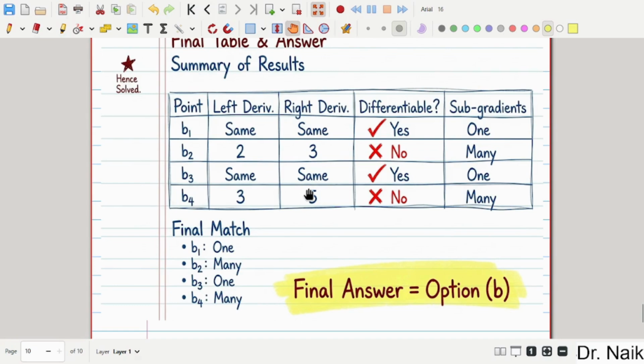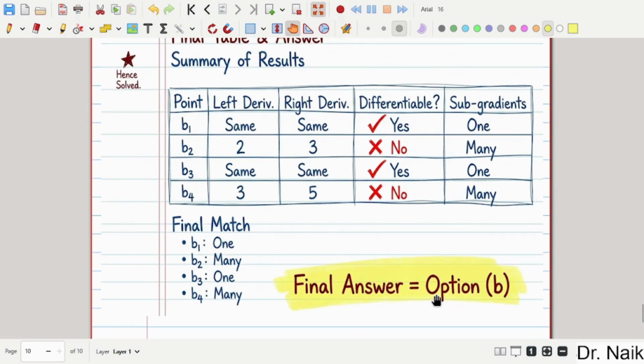B3 has one derivative, so it is differentiable and has one subgradient. B4 has left derivative 3 and right derivative 5, so it is non-differentiable and has many subgradients. So our final answer is option B: B1 with one subgradient, B2 with many subgradients, B3 with one subgradient, and B4 with many subgradients.